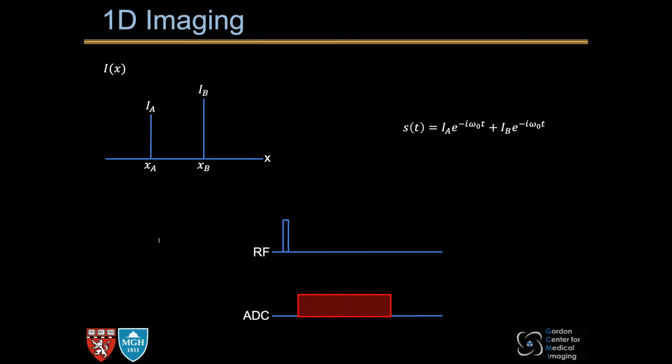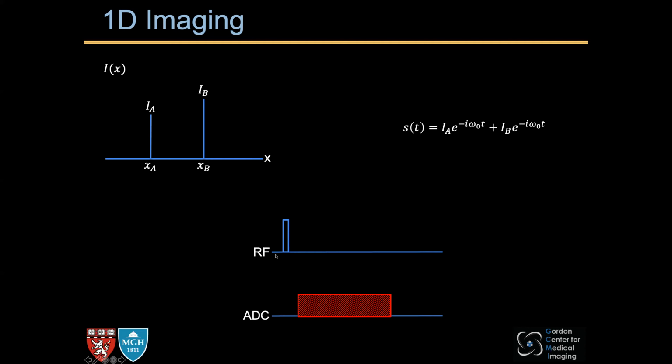Let's start from the most basic scenario: how to perform 1D imaging using these principles of NMR. Let's discuss a very simple case. Let's say we have two point sources with different intensities at different locations on the x-axis. Let's see how we design an NMR experiment to do imaging.